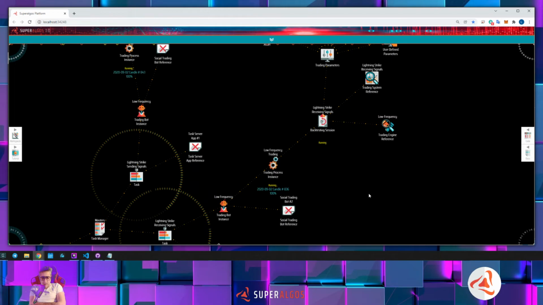I know that the network node is broadcasting the signal to every WebSocket client connected, doesn't matter if it is following this social trading bot or not. So there's some work to do there, but I don't know if that is the next thing to invest time in. I will have to think about it.